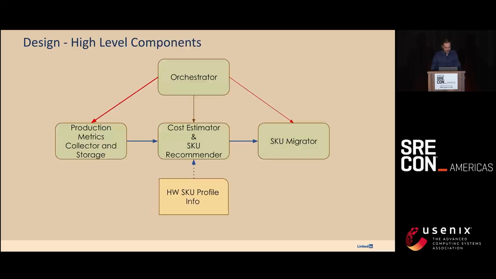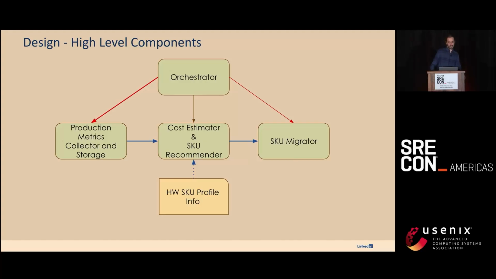So we have a few pieces to this that we ended up building. We have this orchestrator, which is managing the whole thing. We have some production metrics and storage to gather deeper metrics about how the hosts are performing.